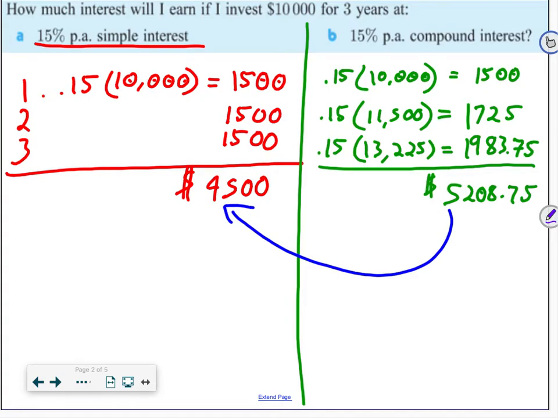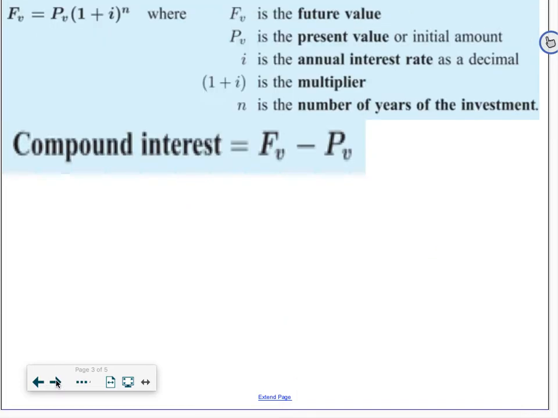Let's look at how we can calculate this for our future values. The equation that we want to make sure we highlight in our notes is that our future value is equal to our present value times the quantity 1 plus our interest rate i, to the power n.